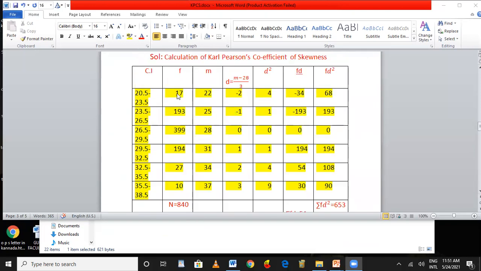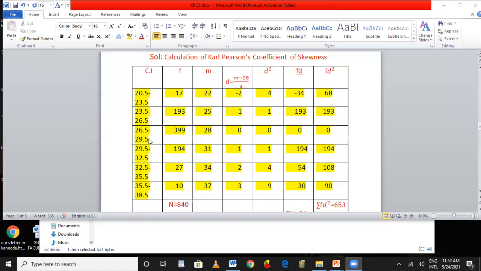When we compare it with the other frequencies, there is no ambiguity: the modal class is 26.5 to 29.5.